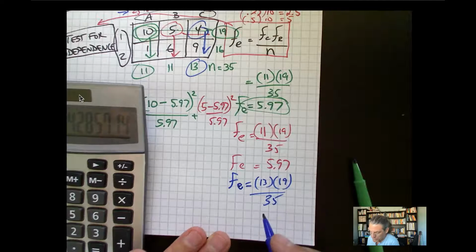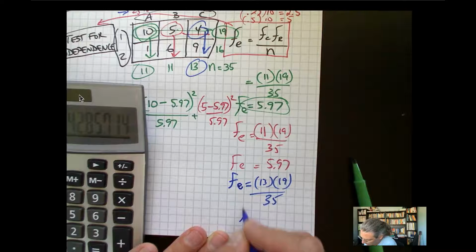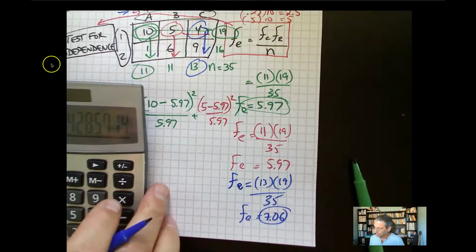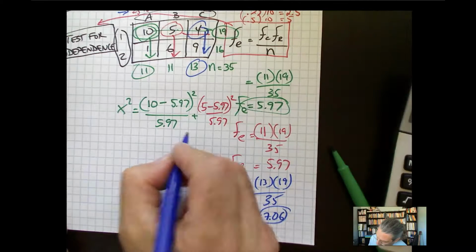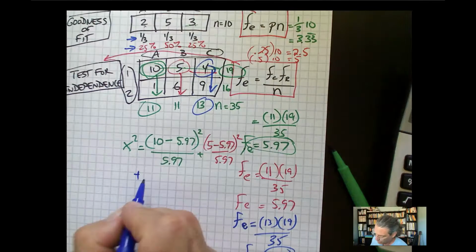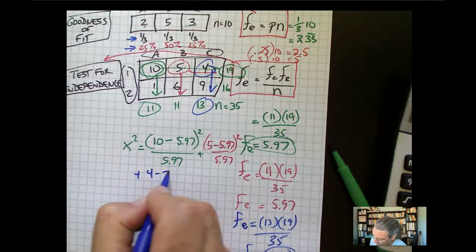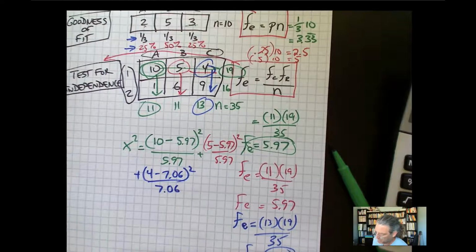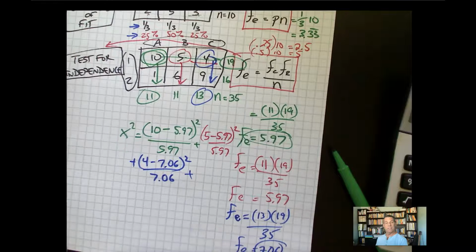Let's say 7.06. Okay. And so then that would be, again, plus. Now we go to the frequency observed, 4 minus the 7.06 squared over 7.06. And then we just have to continue.